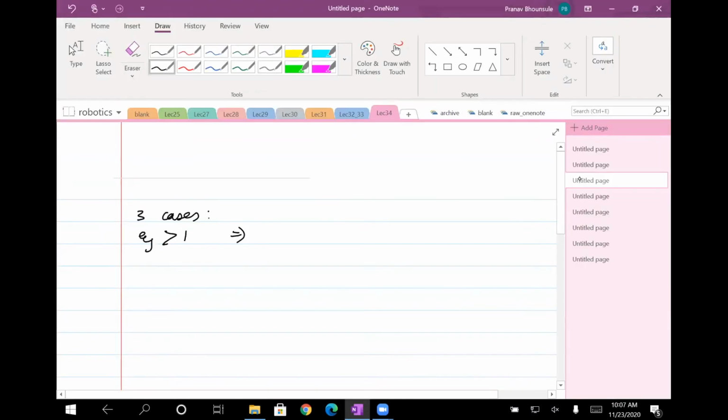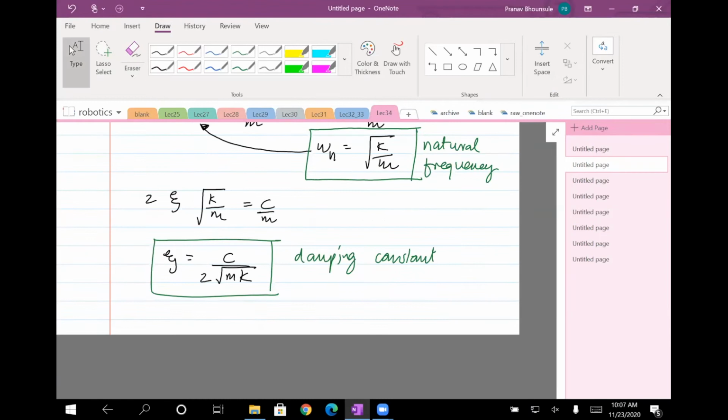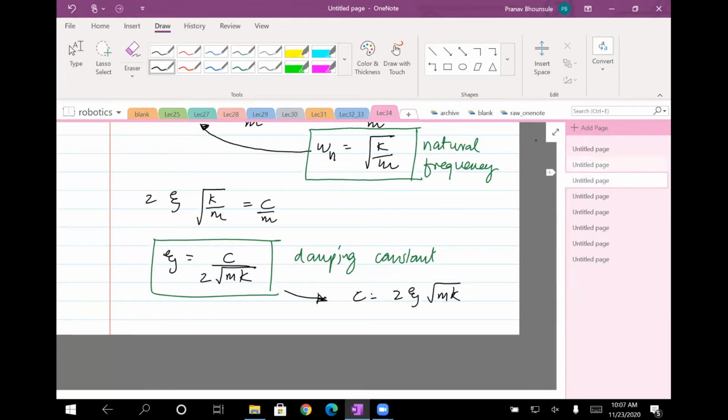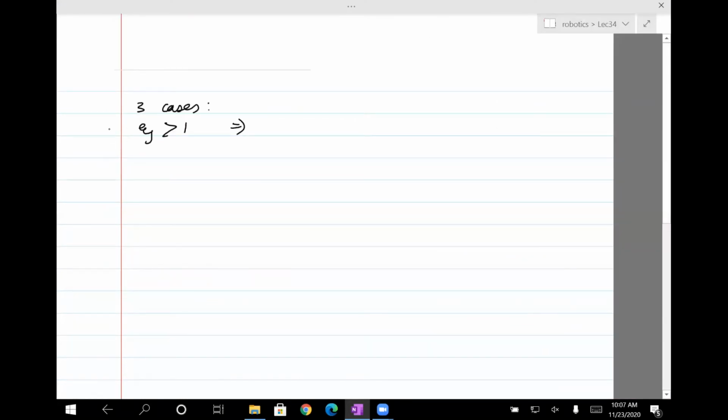One is the damping constant is greater than 1, which implies, if you see the expression here, that eta is c divided by 2 square root of m k, so c equals 2 times eta square root of m k. And so when I say eta is greater than 1, it really means c is greater than 2 square root of km.